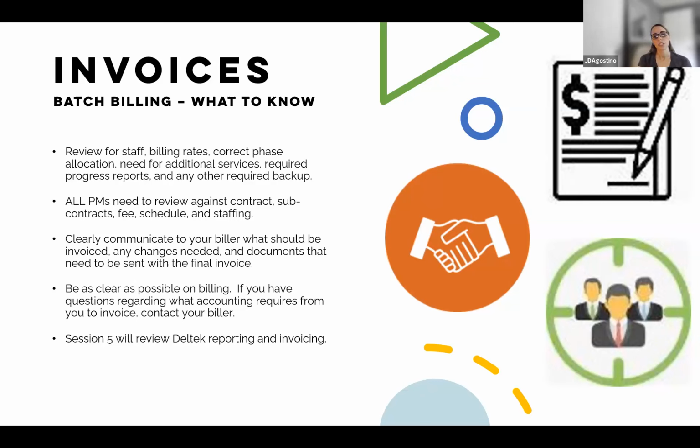And then you should be clearly communicating to your biller what should be invoiced, if there are any changes needed, and if there are documents that need to be sent with the final invoice. So if you're holding time month after month, tell us why you're holding the time, maybe you're working on an amendment.